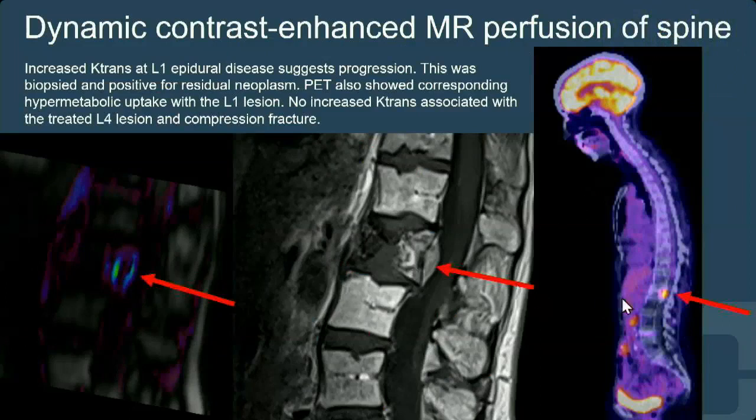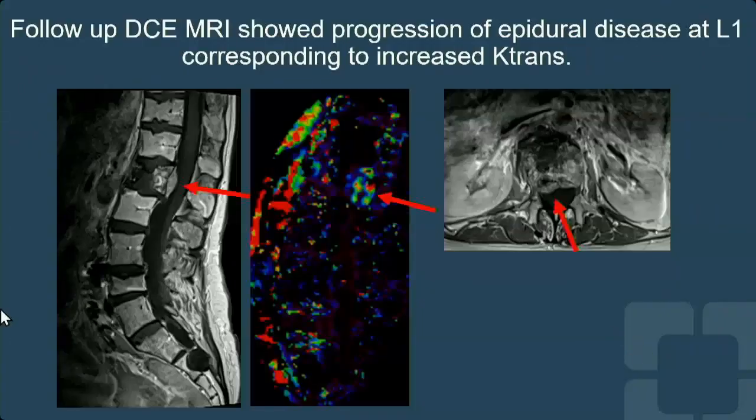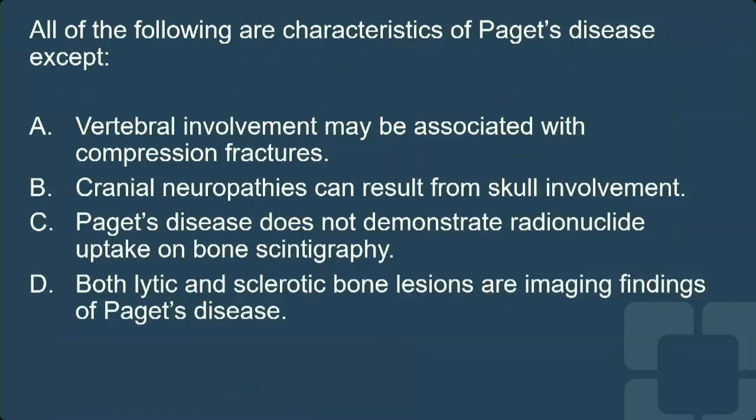And the patient also had a corresponding PET, and it also showed hypermetabolic uptake with the L1 lesion, but nothing with the L4 treated lesion. And then follow-up DCE MRI showed progression of the epidural disease. So it was able to predict that this was progressive neoplasm and not pseudo-progression.